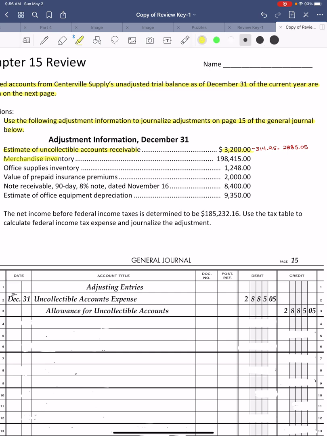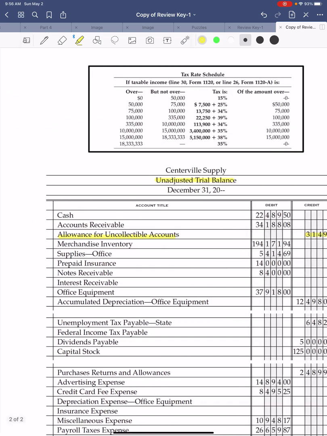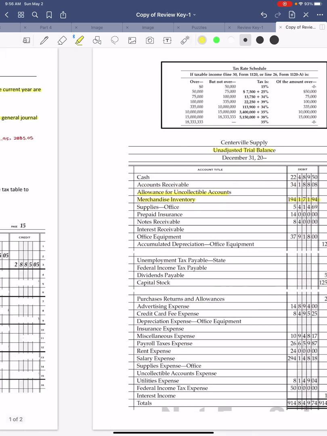Our next is merchandise inventory. The inventory at the end of the fiscal period, $198,415. If you look at our unadjusted trial balance, it is a little bit lower, so we will figure out the difference between the two.